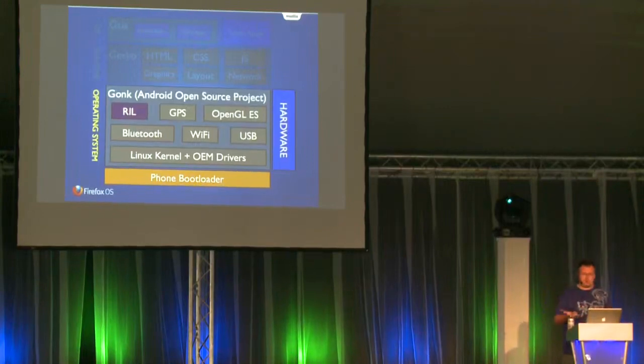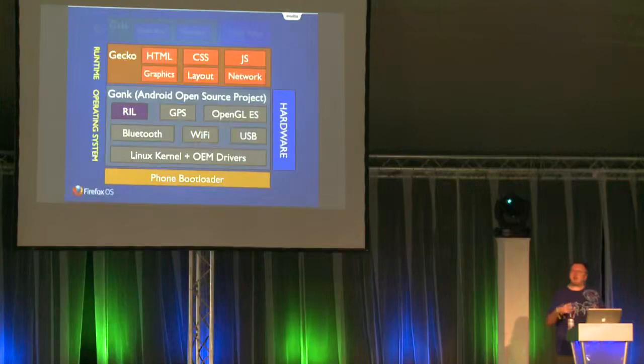At this point, you basically have a phone that runs Linux, and it has a bunch of basic services. It can connect to the network. You can plug it into USB, and it will show up as a storage device. Except there's nothing on the screen yet.